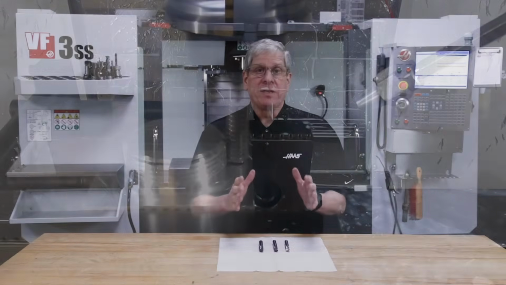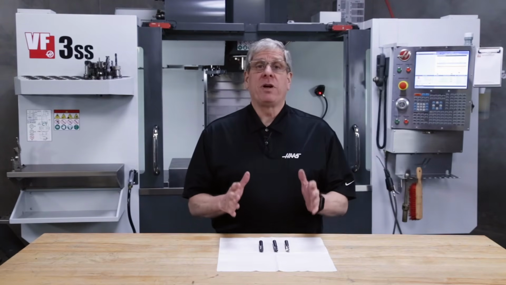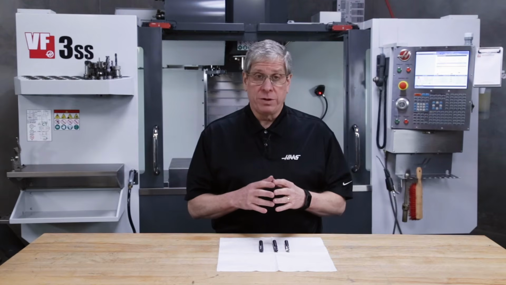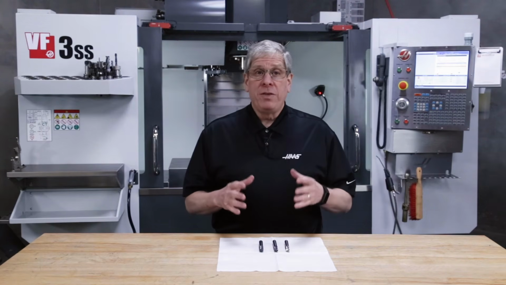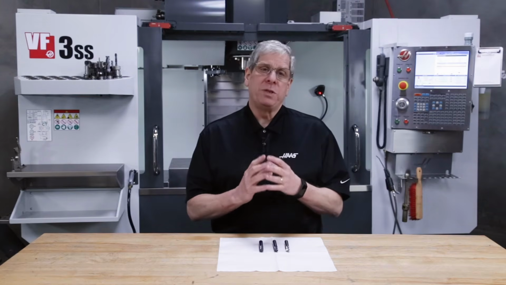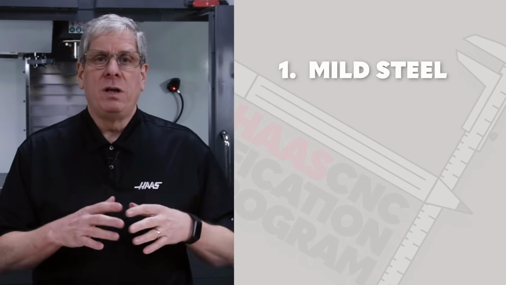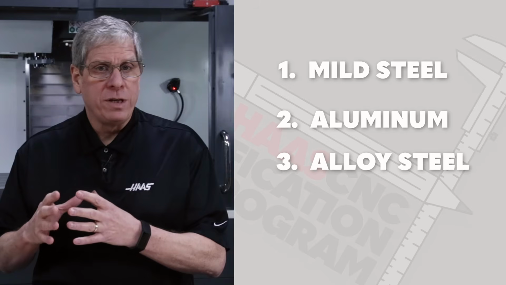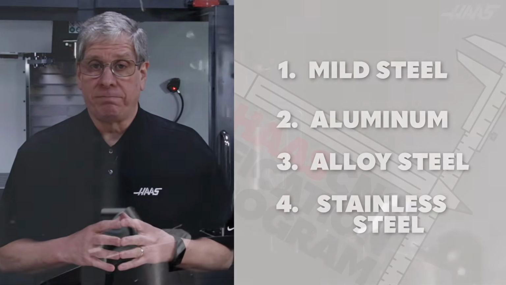Now let's talk about the differences when the same type of cutter is designed to cut different materials. If you remember, in the chapter just before this one, we looked at 4 common workpiece materials: mild steel, aluminum, harder alloy steel, and stainless steels.